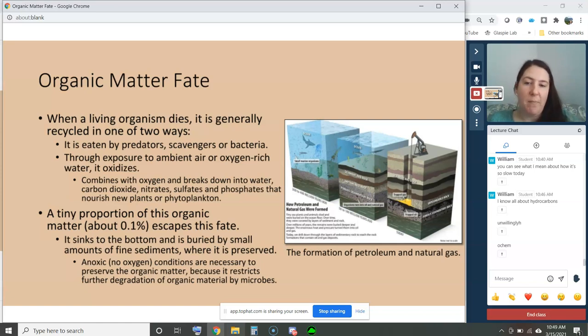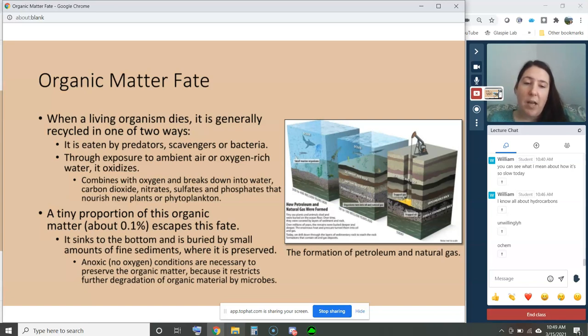It can either be eaten by predators, scavengers, or bacteria, or it can be recycled through exposure to ambient air or oxygen-rich water, in which case the materials in that organism oxidize. And when I say they oxidize, I mean they combine with oxygen and break down into components like water, carbon dioxide, nitrates, sulfates, phosphates. And then all of those things can nourish new plants, new phytoplankton.